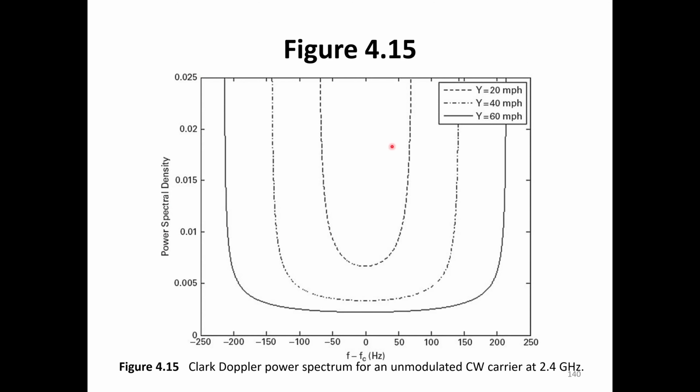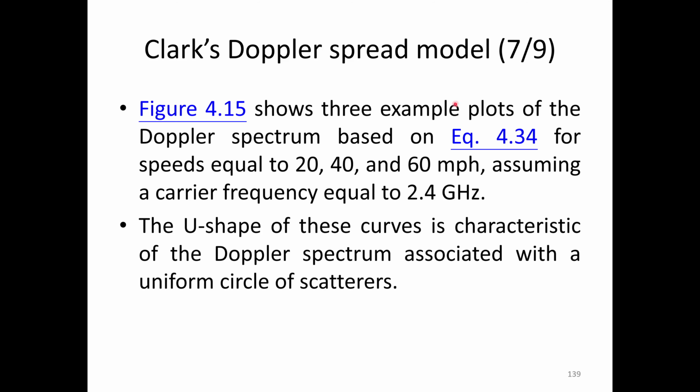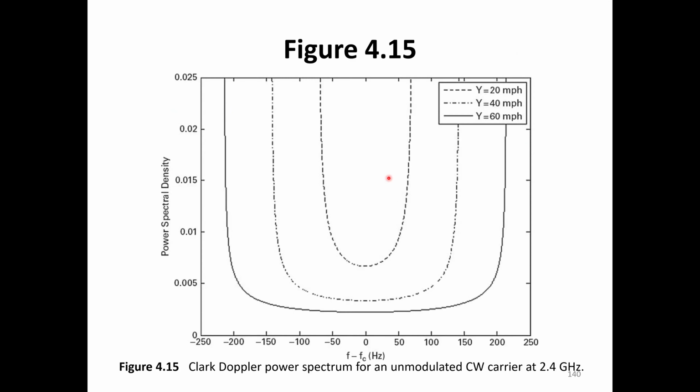There are 3 curves in this figure. The first curve is the dashed line, which is for v equal to 20 miles per hour, where v is the speed.